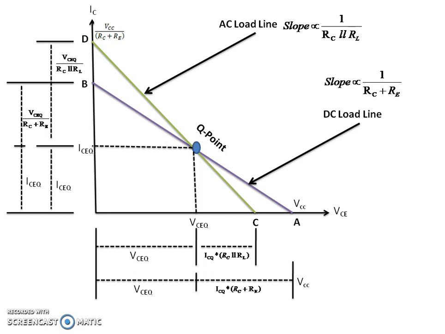So the load resistor never comes into the picture of the DC load line, while the emitter resistor never comes into the picture of the AC load line.